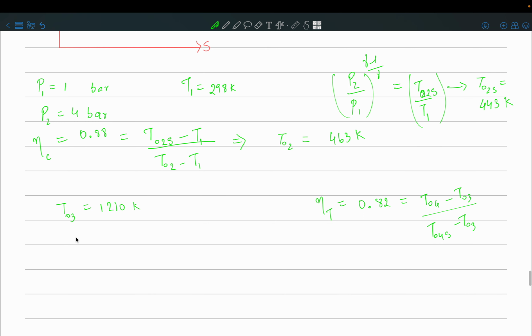Okay, so now we can calculate T04S because we know the pressure ratio. So P4 by P3 to the power gamma minus 1 by gamma will be equal to T04S by T03. So calculate T04S and tell me.